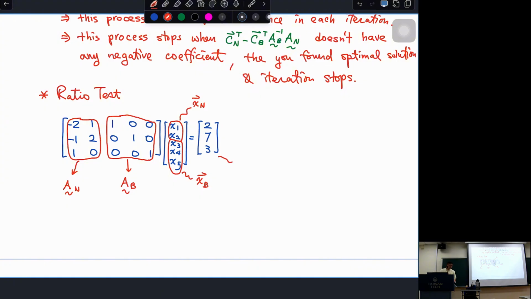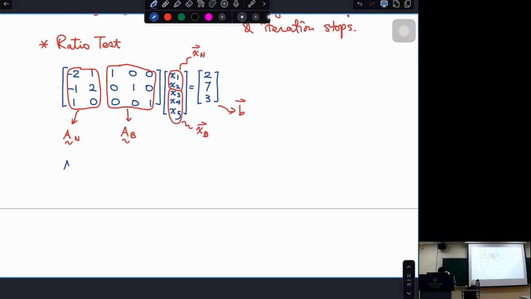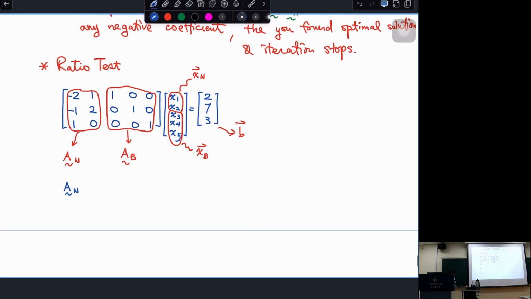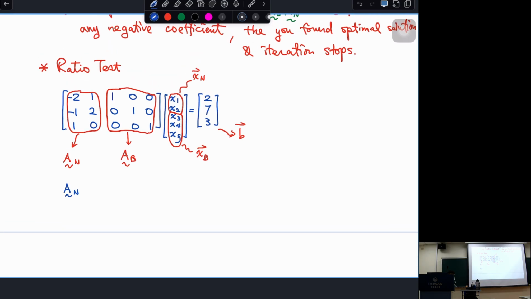So let's now take a look at this using the example we have. We know now we can rewrite this in this form. Right?